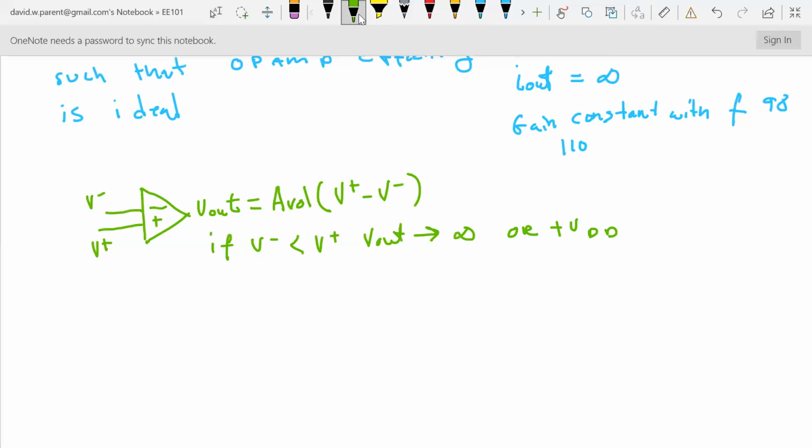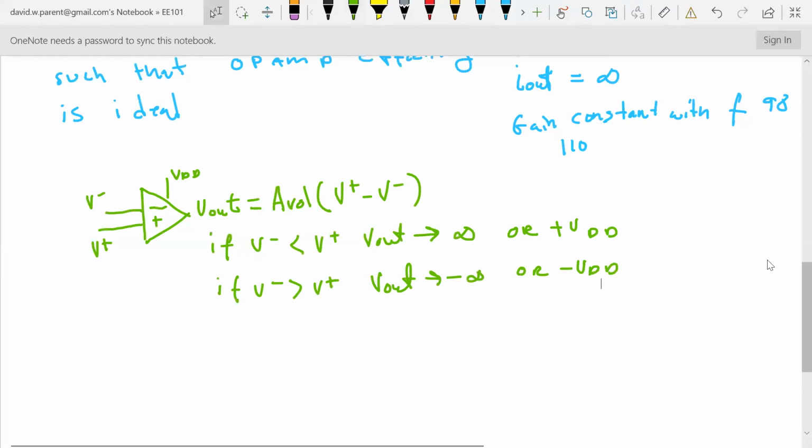Positive number times infinity is positive infinity. We can't really go to infinity, we just go to the positive power supply. And if V minus is greater than V plus, V out would go towards negative infinity or minus VDD. And so this is a comparator, right?